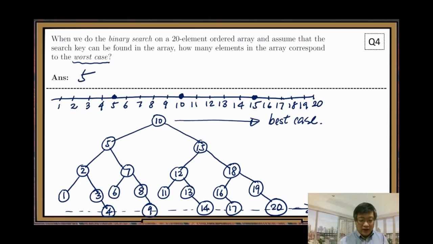So in this example, we drew the binary tree. It takes a lot of time. But later, let me give you the general formula, the general method. If you know the general method, you do not need to draw this tree.